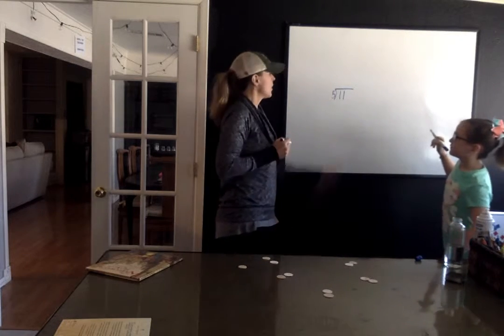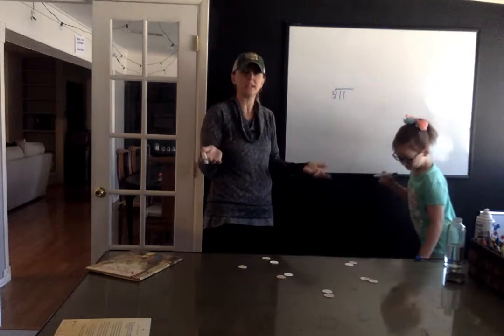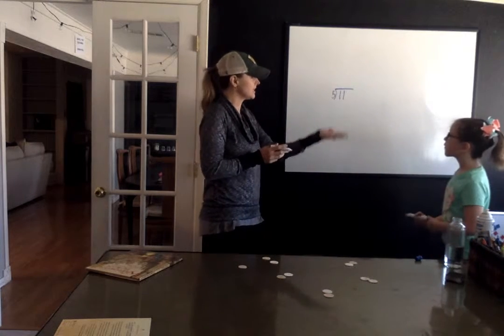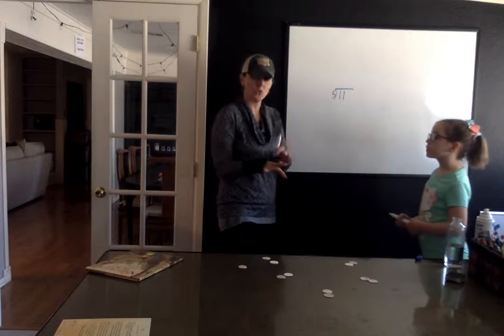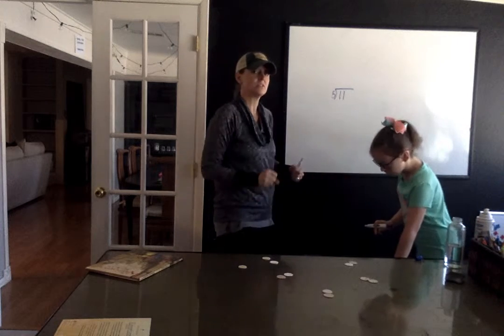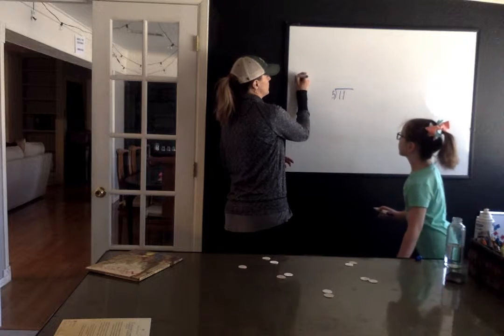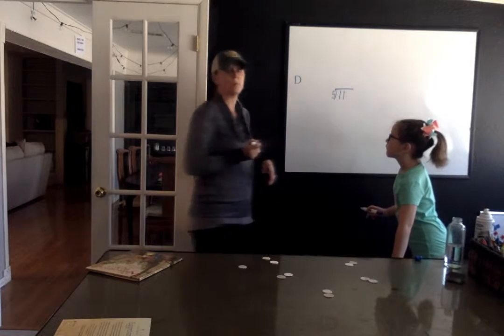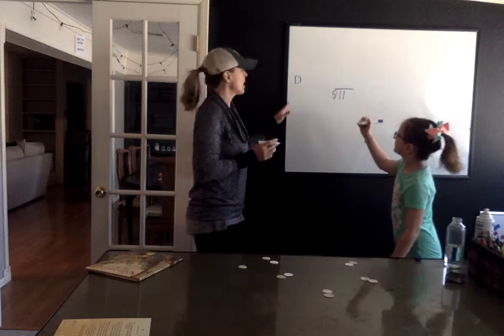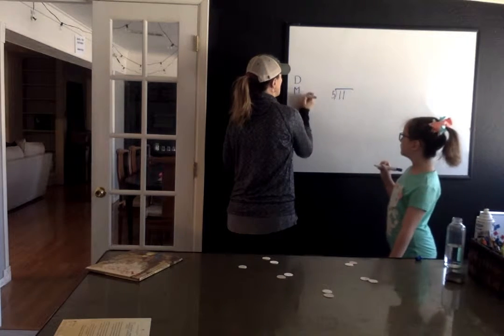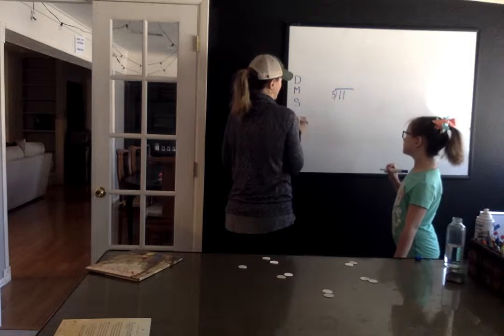So I need to know how many each one of those children are going to get. The first thing that you did is you divided them into groups. So if we look over here, one of the things that you saw in your classical math book this week is a process known as divide, multiply, subtract.